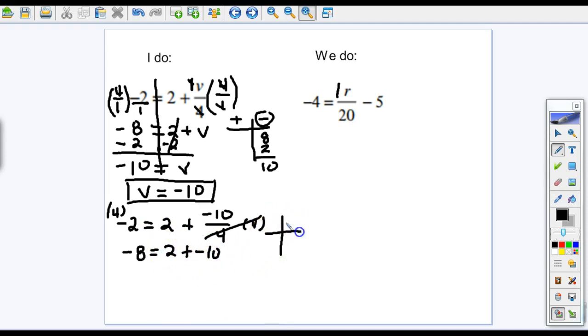I'll do column method here, plus and minus. I have a positive 2 and a negative 10. 2 is positive. I'm going to subtract it from 10. Gives me 8 on the negative side. So negative 8 is equal to negative 8, and that is a true statement, and that solution works.